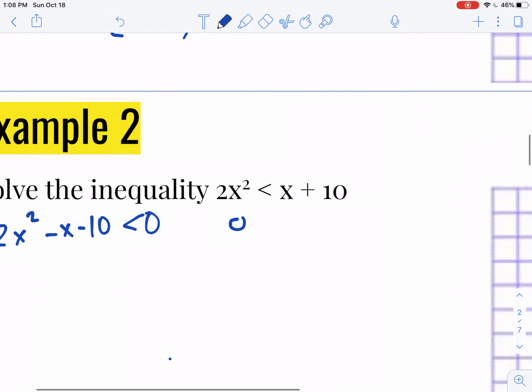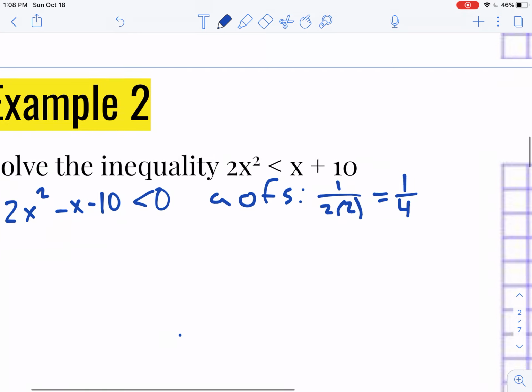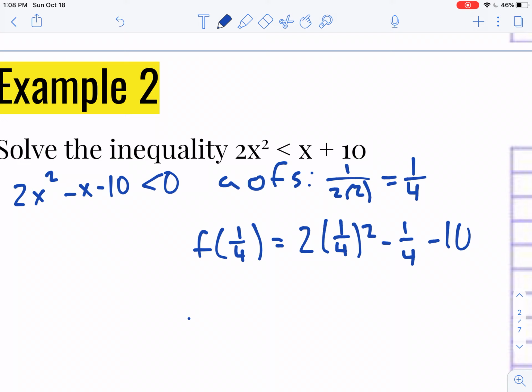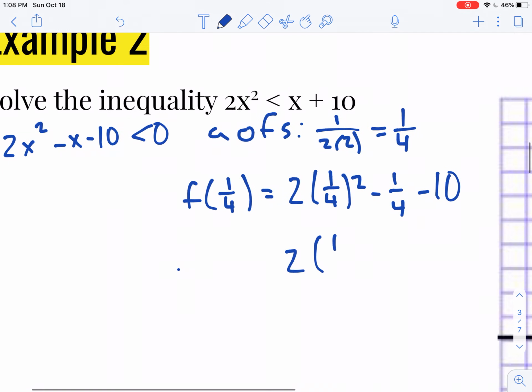I'll find my axis of symmetry. Positive 1 over 2 times 2. This is occurring at 1/4. I'll find the y value of my vertex by f of 1/4. So that's 2 times 1/16 minus 1/4 minus 10.